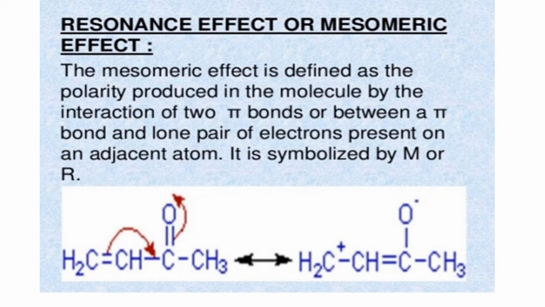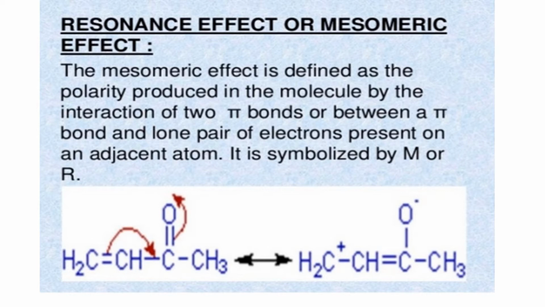In this example, a double bond exists between two carbon atoms and a carbonyl carbon also exists. The presence of the carbonyl group introduces resonance in the molecule, thereby creating a positive charge and a negative charge, that is, causing generation of centers of low or high electron density in the molecule through the delocalization of pi electrons.